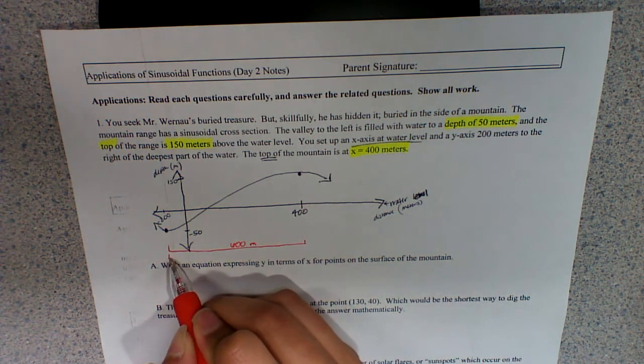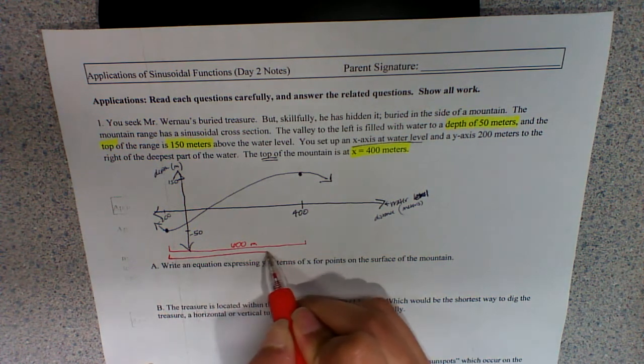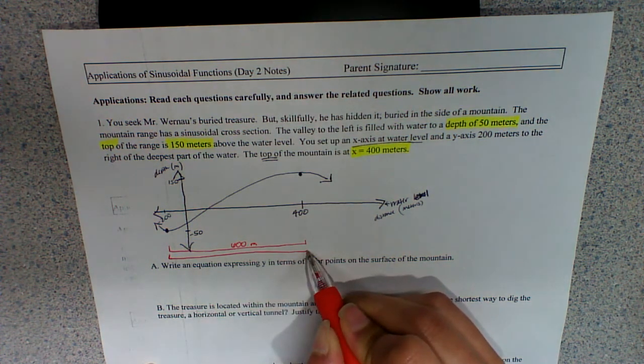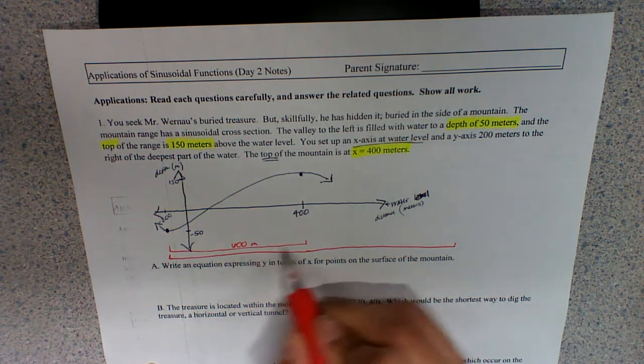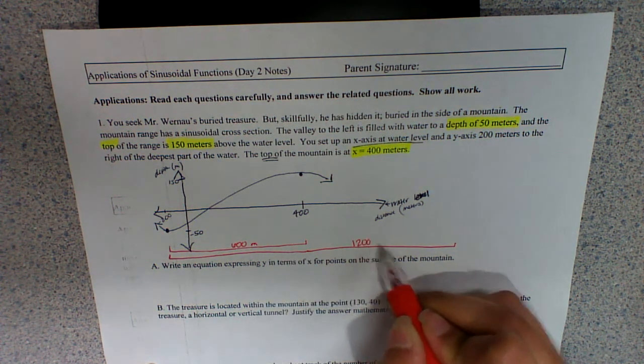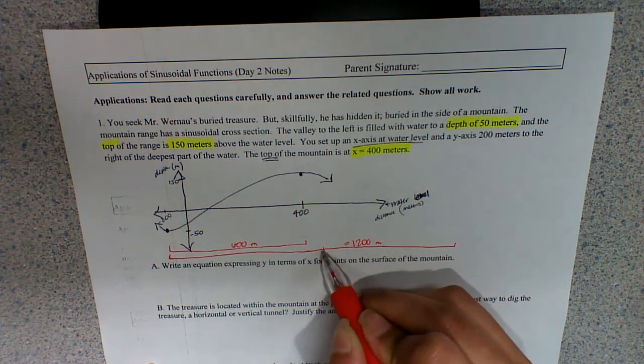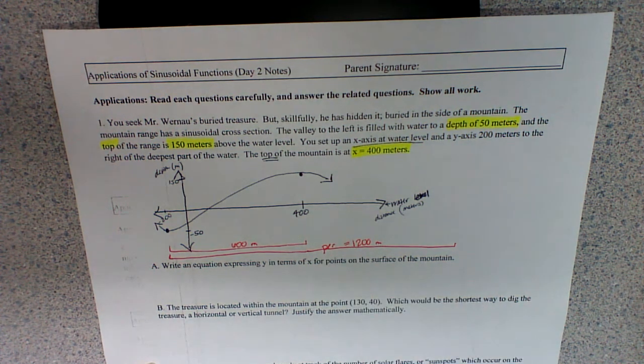So if up to here is 600, then double that will give me one entire period, which is 1200 meters. So now I know the period is 1200 meters, and I know I can use that later. So I'm going to circle that so I know to come back to it.